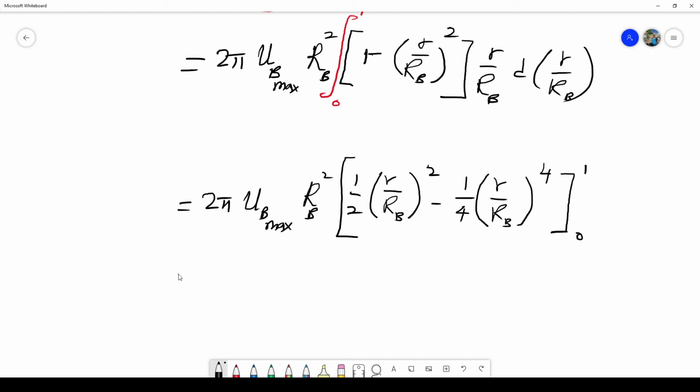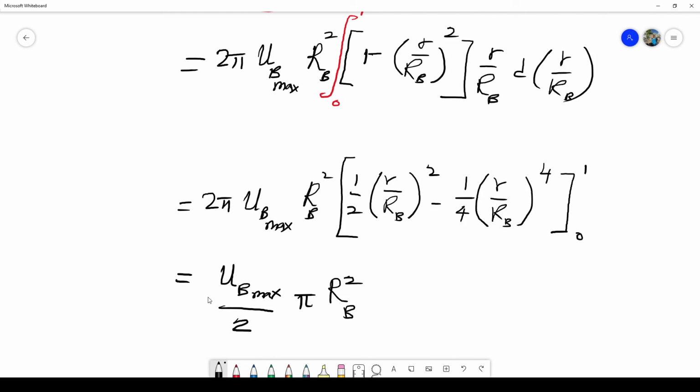If we do this, we get UB max over 2, multiplied by pi, multiplied by RB square.